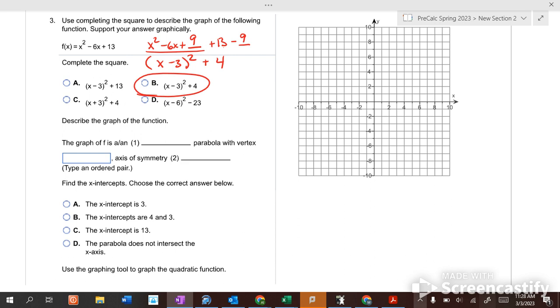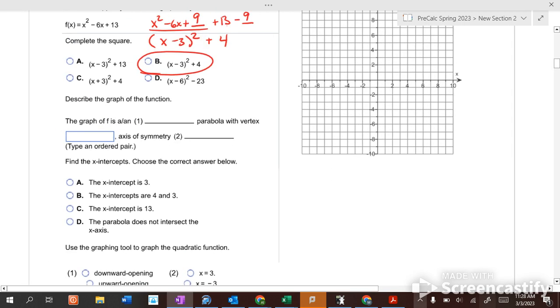Okay? So what is that graph? Well, it's a parabola. It's an upward opening parabola with a vertex of what? Negative 3, 4. Negative 3, positive 4. Oh, positive 3, positive 4.